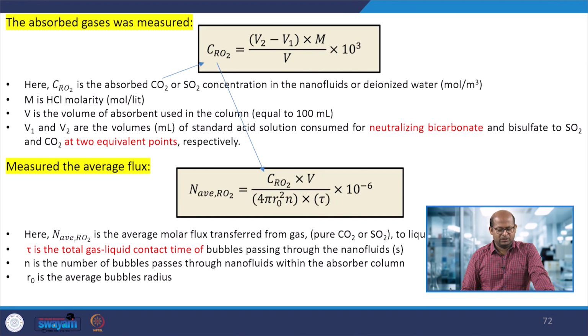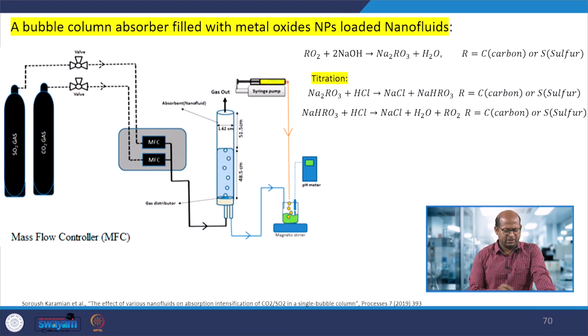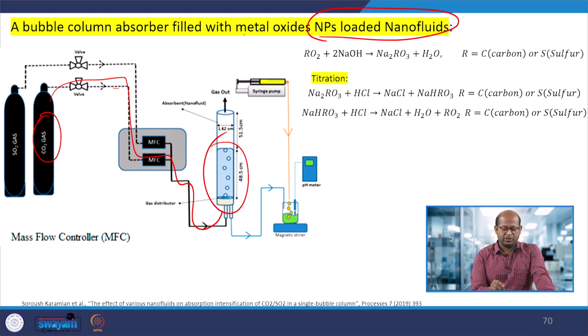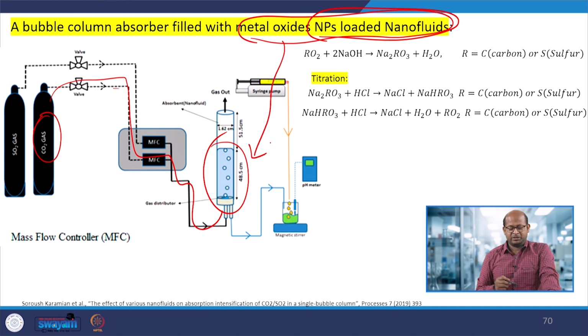So here is one experiment at lab scale. Here a CO2 gas cylinder is there, and the gas would pass through this mass flow controller. Here we can use nanofluids, metal oxide nanoparticle loaded nanofluids, you can place them here, and the CO2-rich gas would be passed here in the form of bubbles.